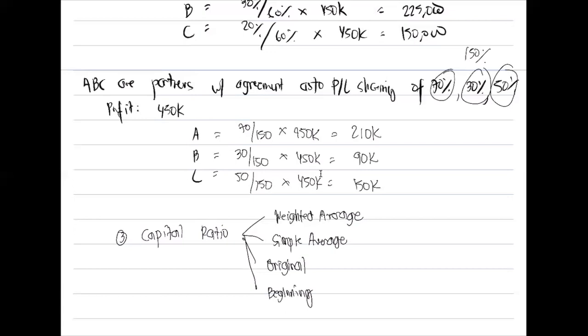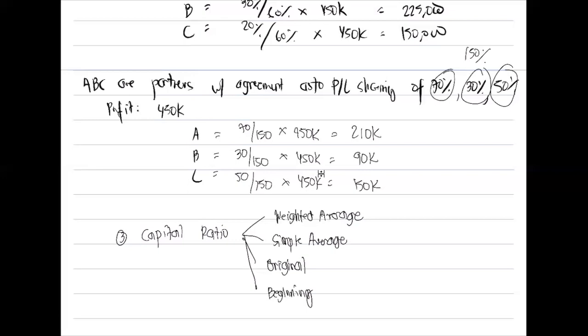So pagka sinabing capital ratio siya, guys, pwedeng weighted average yan, pwedeng simple average yan, pwedeng original, pwedeng beginning. So how do we share based on these items? First, of course, we need to compute for your weighted average.